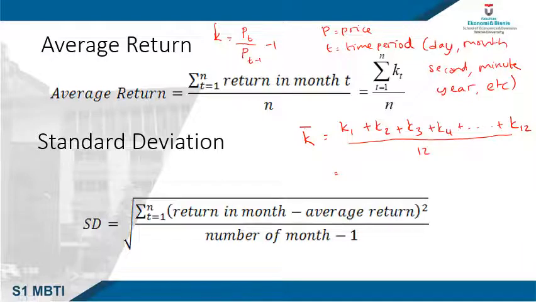So the sum from period 1, which is month 1, to period n, of K i, or I change that to R because I don't want to confuse it with the R before, even though R and K are the same, Ri divided by N. So if N is 12 months, then this is also 12.